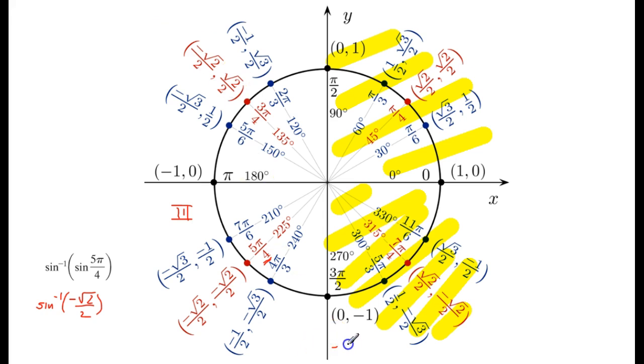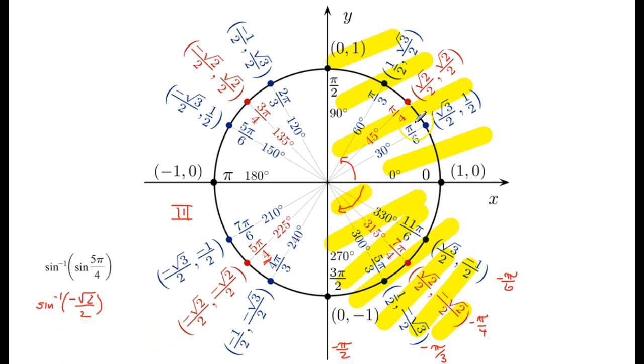We're dealing with negative pi over 2, negative pi over 3, negative pi over 4, negative pi over 6, because we're going this way down into quadrant 4. We're going up this way into quadrant 1. So pi over 6, negative pi over 6, pi over 4, negative pi over 4. That's how arctangent and arcsine are both defined.